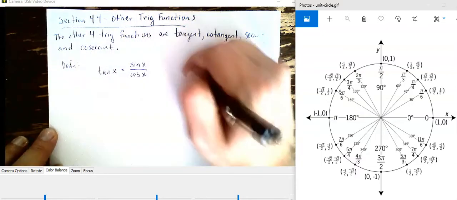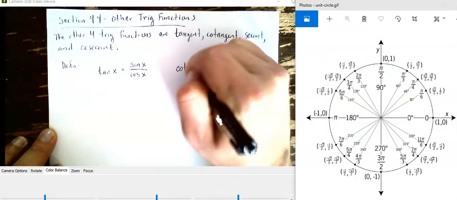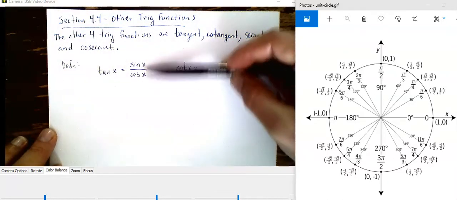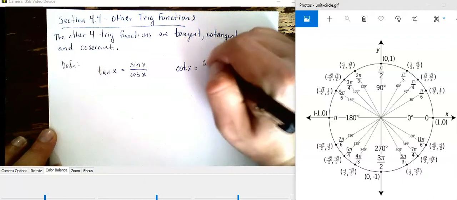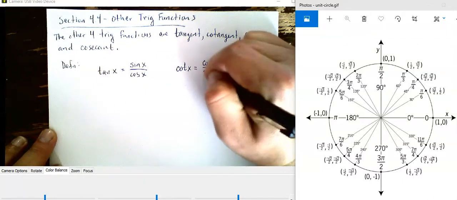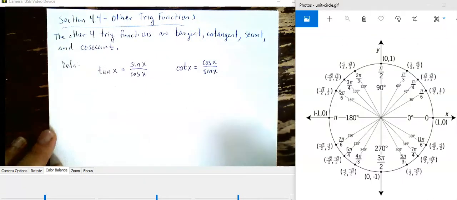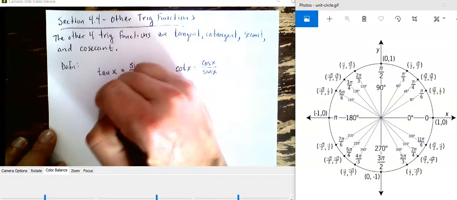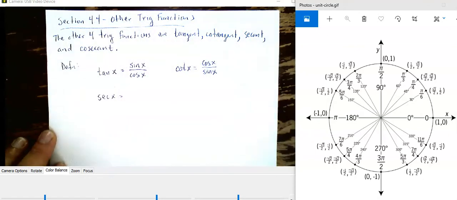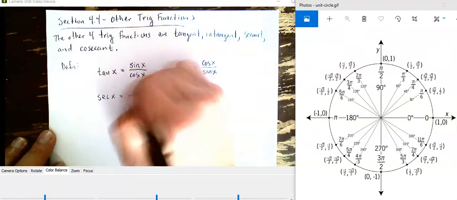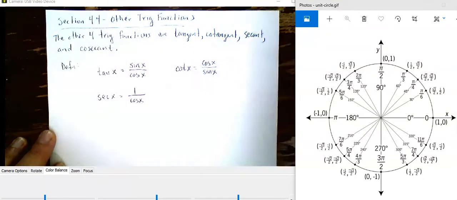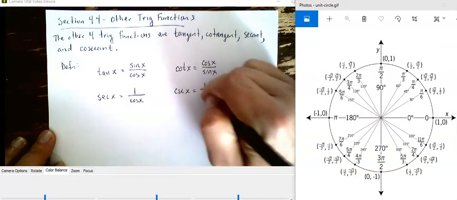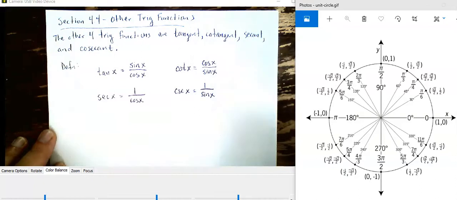Cotangent, we saw, is the reciprocal of tangent, so we just flip this, cosine over sine. Secant is the reciprocal of cosine, so 1 over cosine. And the cosecant is the reciprocal of sine, so 1 over sine x.